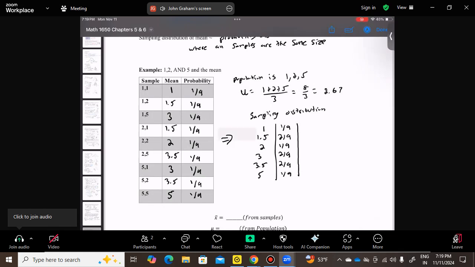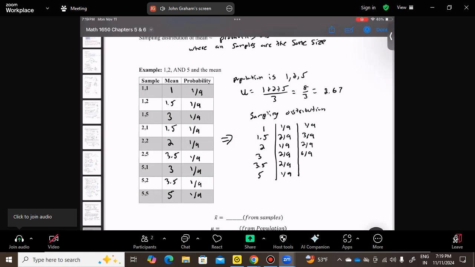Okay. So complete distribution here. Now you remember with a distribution, to find the mean, you take the value and multiply it by that probability. So we'll multiply each of these together. So 1 times 1/9 is 1/9. 1.5 times 2/9 is 3/9. 2 times 1/9 is 2/9. 3 times 2/9 is 6/9. 3.5 times 2/9 is 7/9.